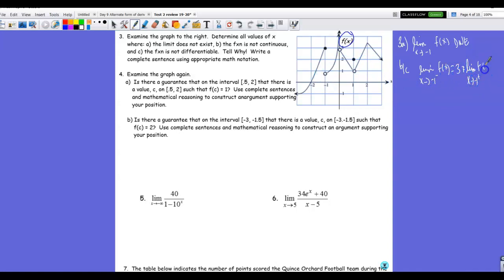This is an estimated 0.8. You don't have to declare those y values. You really just have to tell me that the left and right limits do not agree.